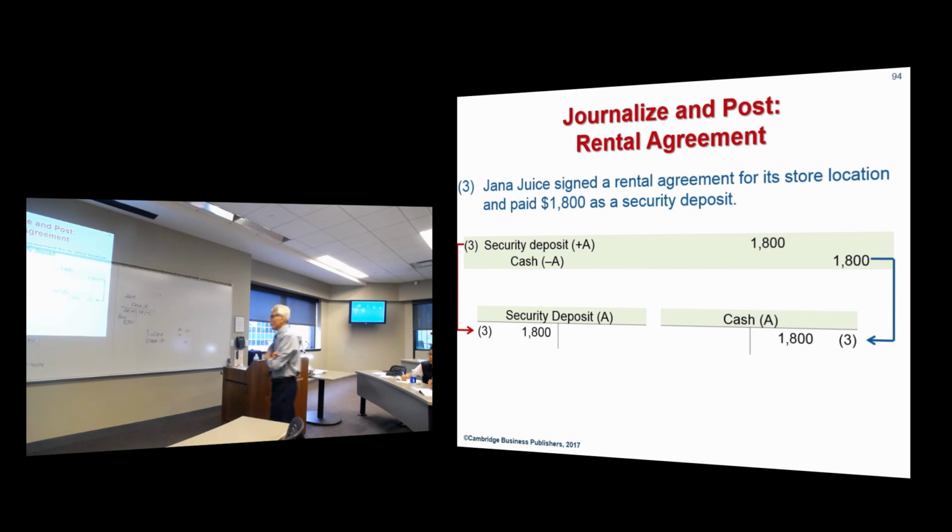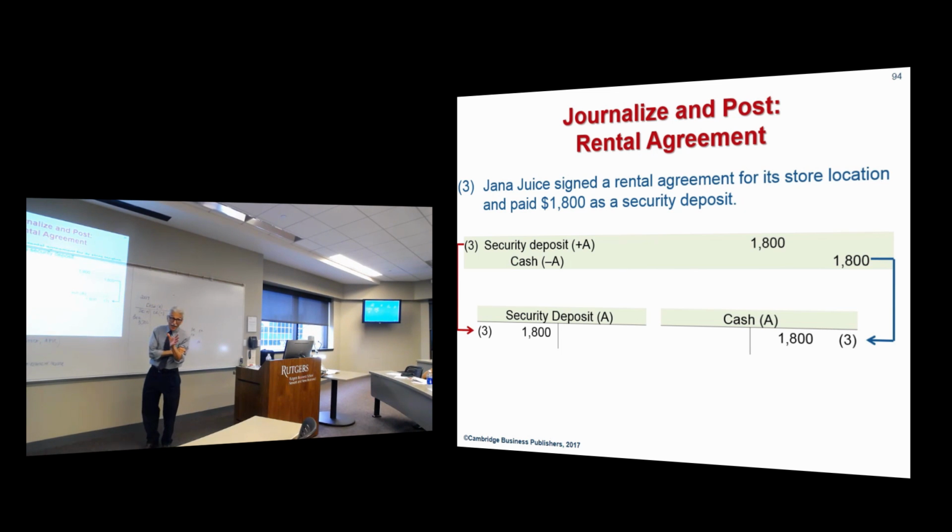But there's no expense here, so we're going to call it an asset. It's not a prepaid asset, unless it said prepaid. So this $1,800 security deposit, you're going to debit the asset security deposit and reduce the asset cash.